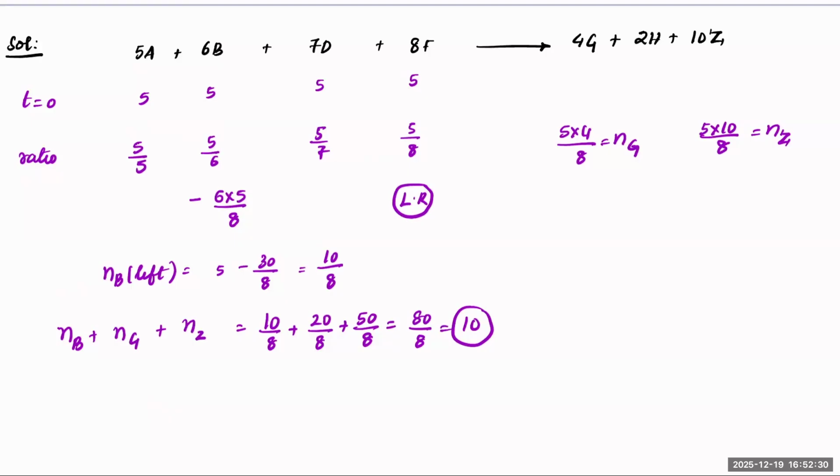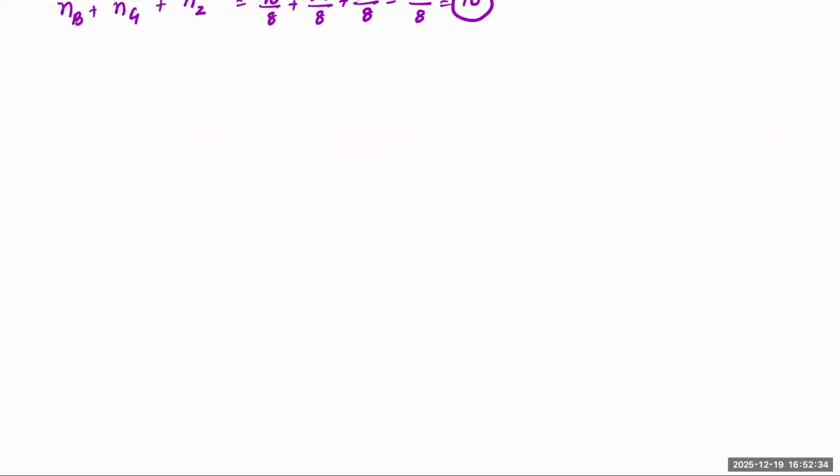Okay. All right. Next. The other type of question, how it is framed, is like this. See here. 15 liters of nitrogen reacts with 30 liters of H2 to form ammonia.